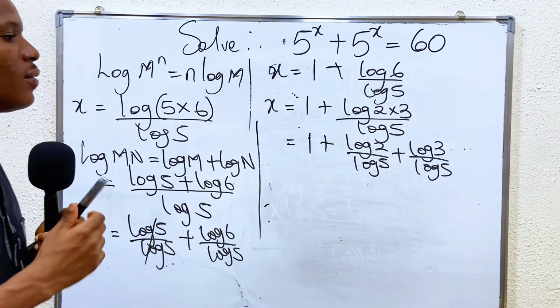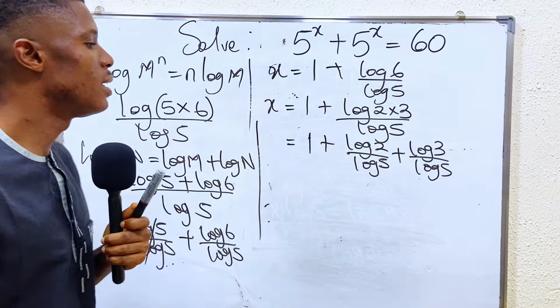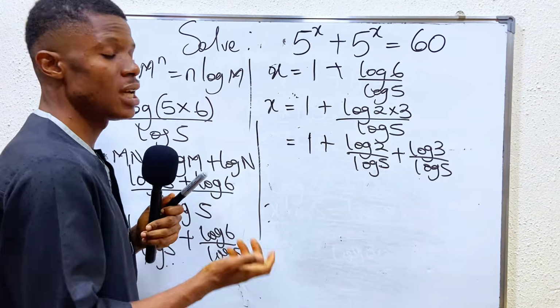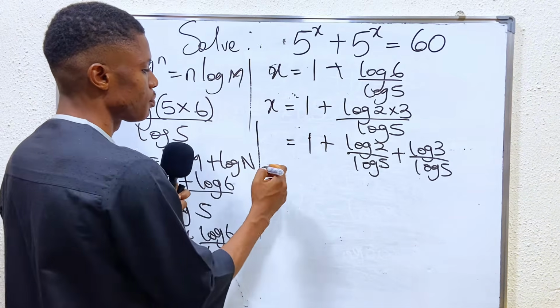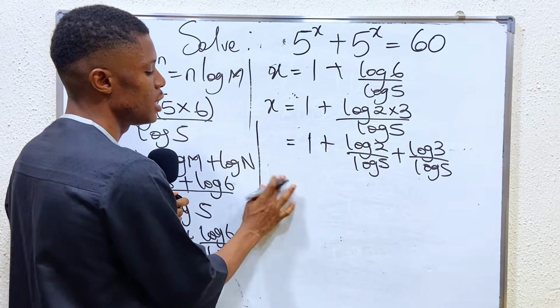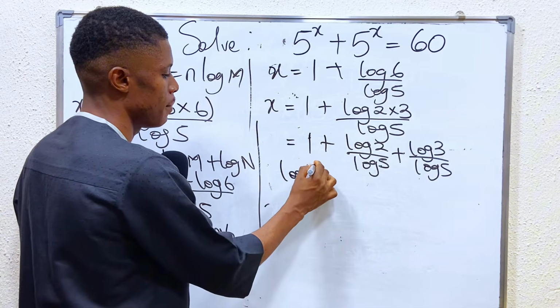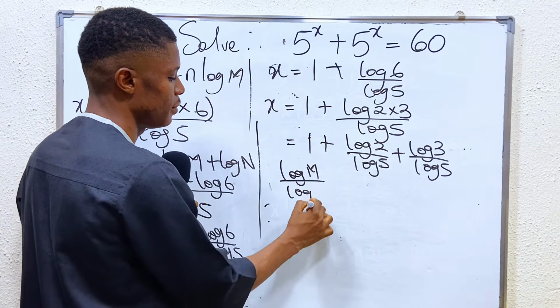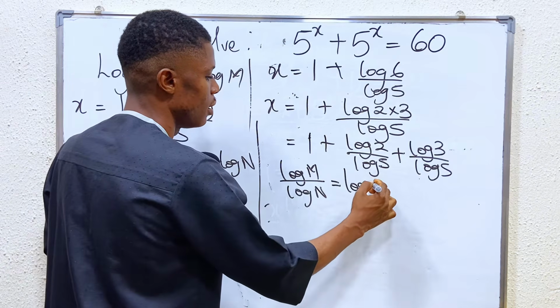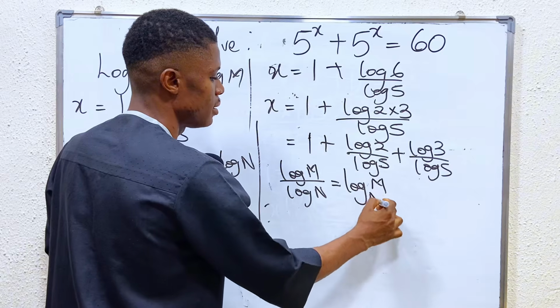If you have this now, it is easy to understand. Then we are going to use what we call change of base. In change of base, it's very simple. When you have log of m over log of n, we can take it to be log of m to base n.